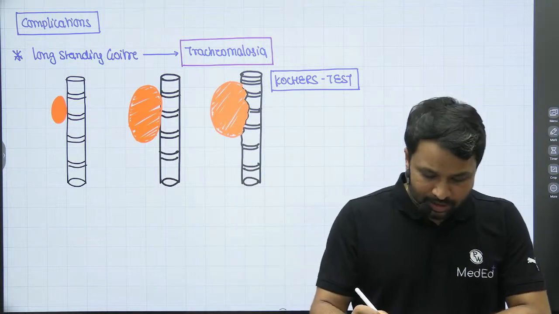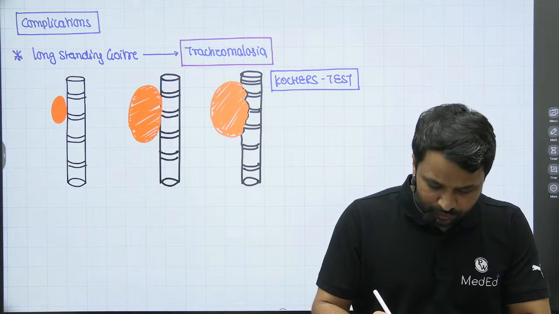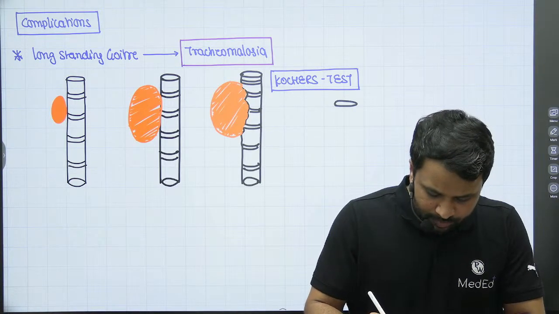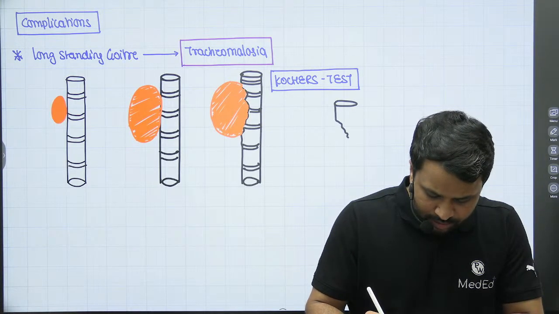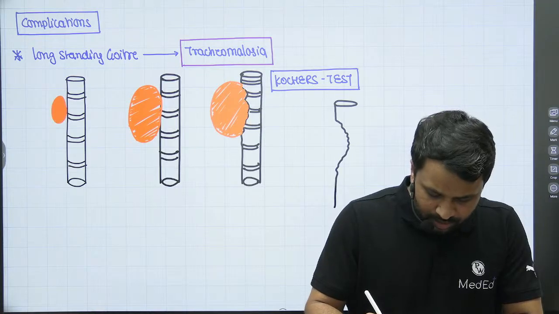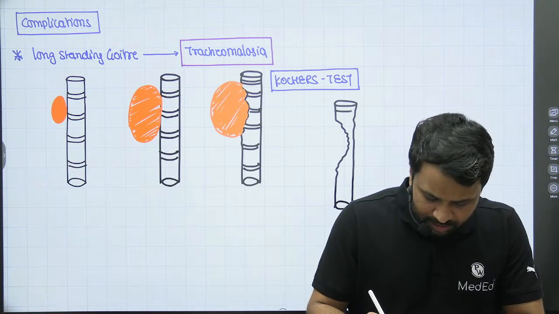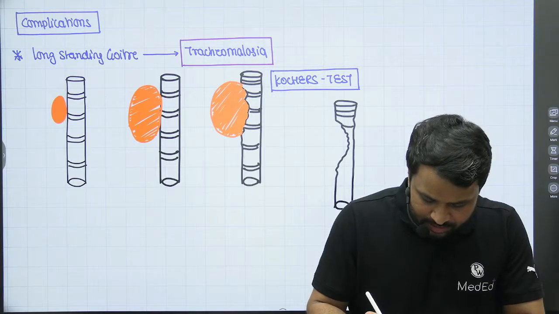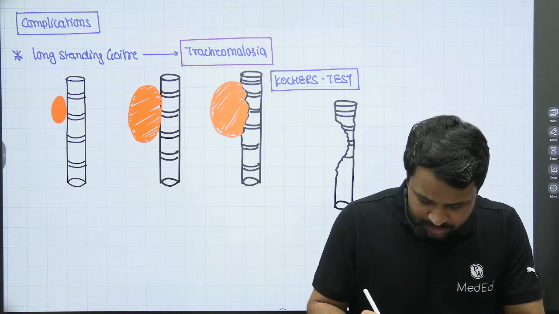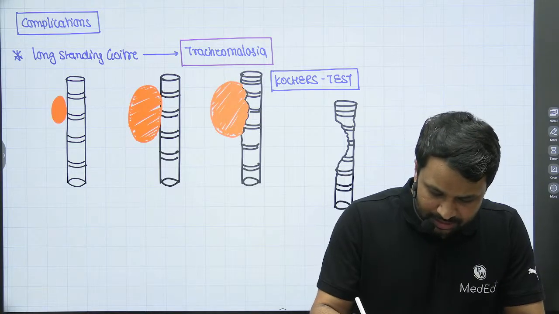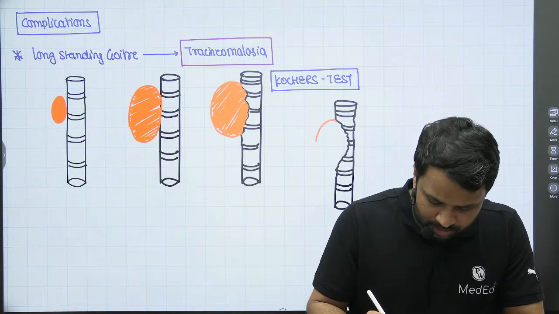So when you exert a lateral pressure on the trachea, the trachea is going to become even more compressed, because it is tracheomalacic, and you see the thyroid gland here.